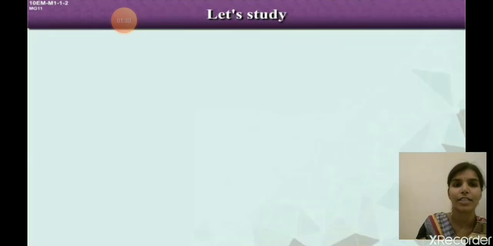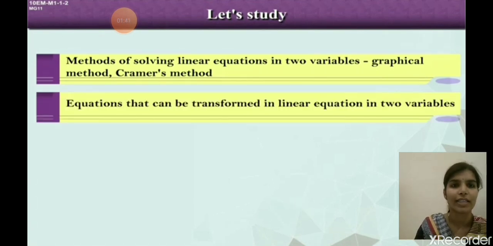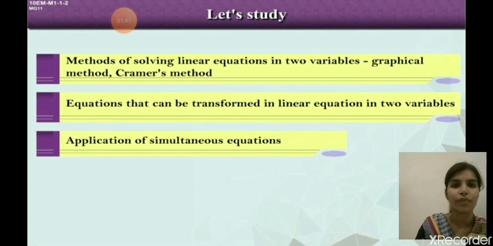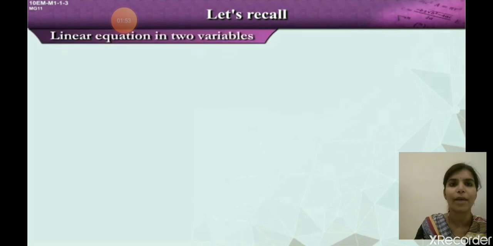That means if c = 0, we can say that it is a linear equation in two variables. So in this lesson we have to discuss the following topics: methods of solving the linear equation in two variables by graphical method and Cramer's rule, equations that can be transformed into linear equations in two variables, and application of simultaneous equations. Then one by one we see it.